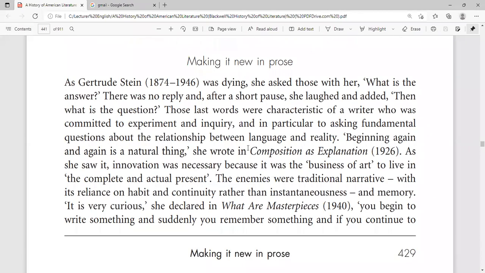Gertrude Stein. Gertrude Stein is thought the mother of American literature. She is the most important writer. If you read Ernest Hemingway, he is the writer of The Lost Generation.